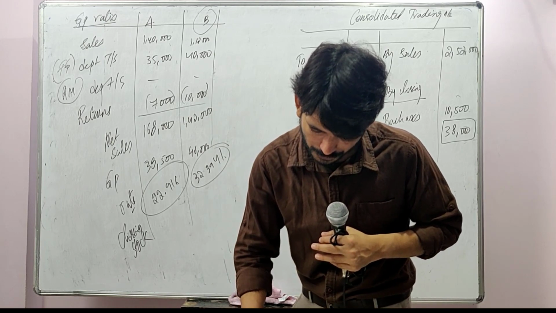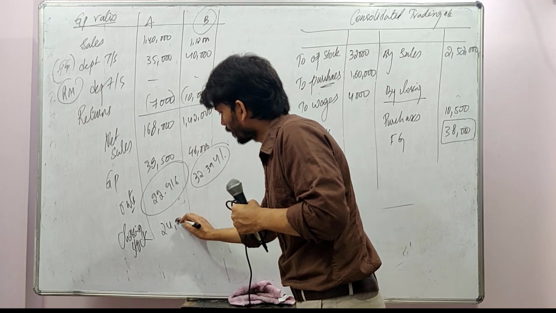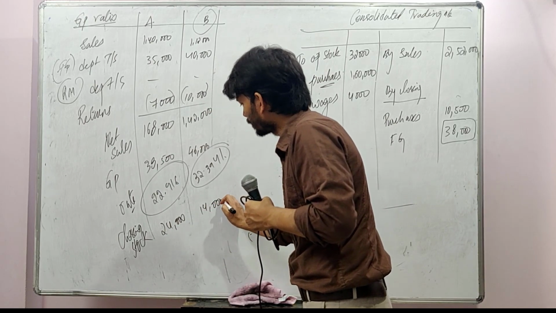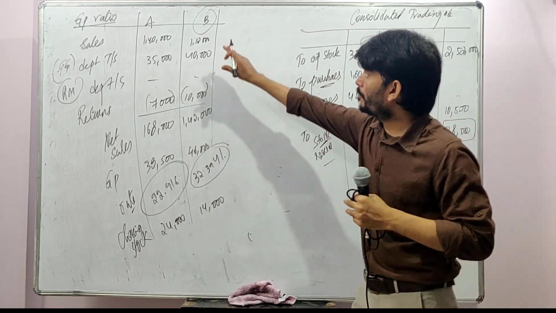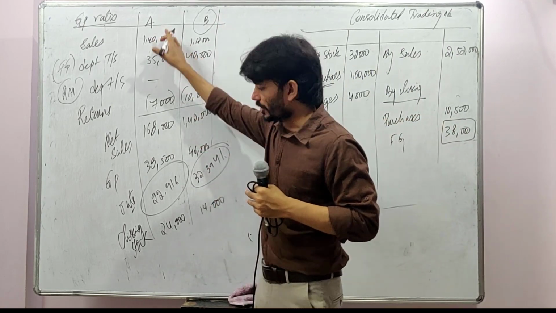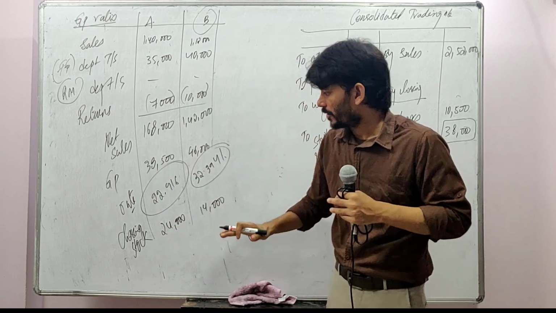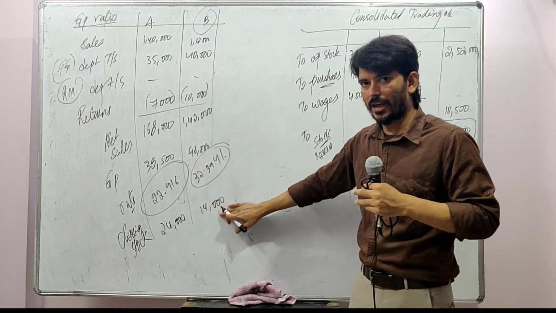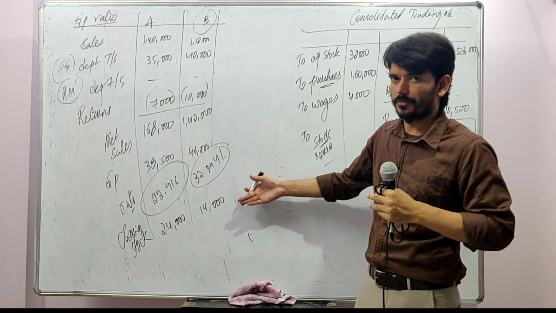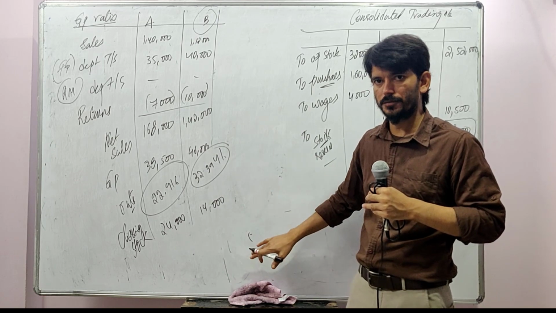Which is finished goods. 24,000 for A, 14,000 for B. Now you understand, in B's books there is a 14,000 closing stock. In A's books this much is 24,000. Should you simply multiply? No. Whatever B is having, don't think that you have sent it to him. Maybe he might have manufactured on his own.